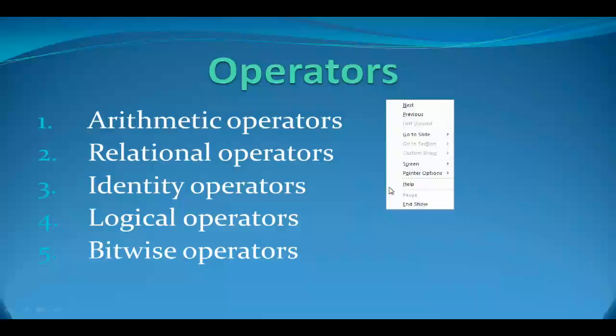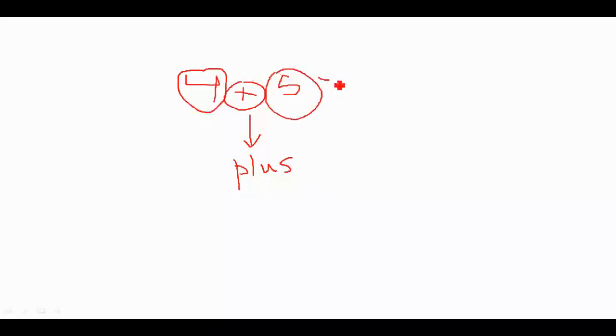I am taking the whiteboard. For example, if I say 4 plus 5, in this case you can see that this sign is a plus sign, the operator for addition, and the data is 4 and 5 on which it is acting, and the operation it is performing is addition of these two values, which is equal to 9.